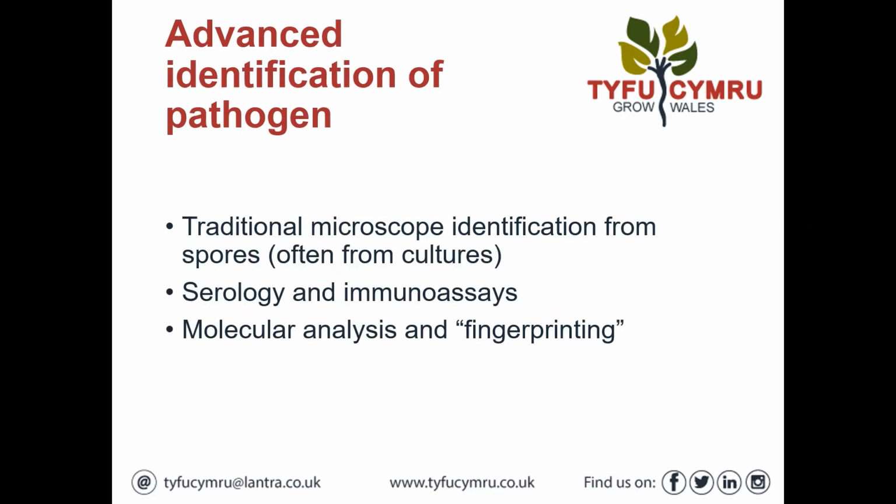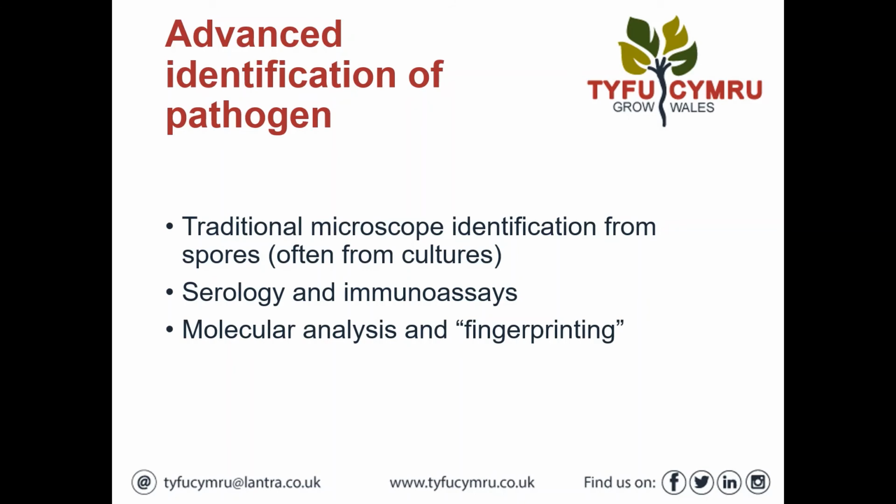So, if you're identifying a pathogen using these advanced techniques, it's been traditional to use identification through microscopes, where the spores are looked at and are very characteristic of the pathogen. Sometimes it's necessary to grow the pathogen out of the plant into cultures so that it can be separated and cultured as single organisms, which aids their identification.